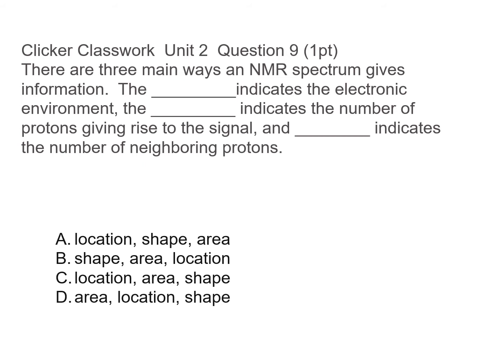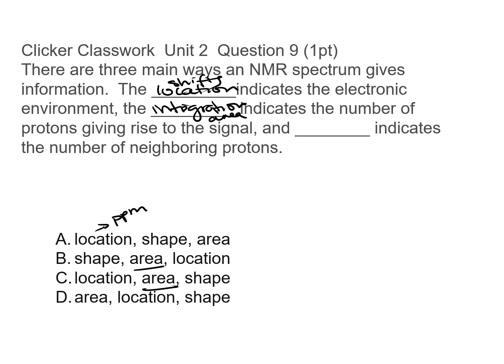So the electronic environment tells us about our location. So this is our shifts, that is related to our ppm value. The number of protons for that signal is going to be related to the area under the curve. So this is our integration, which is the area under the curve.